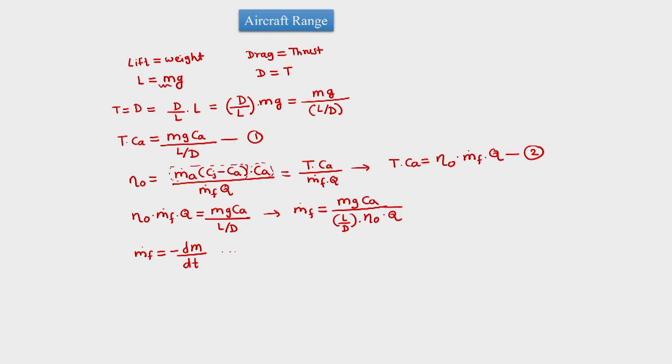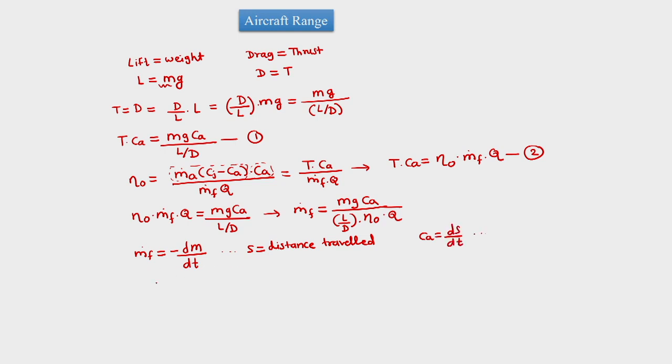Further, we are interested in finding the range. Let S be the distance travelled in the direction of velocity, and then the velocity Ca is equal to ds by dt.